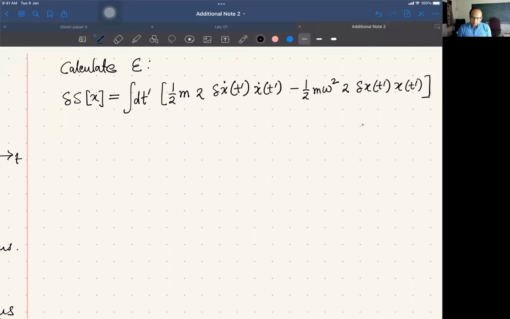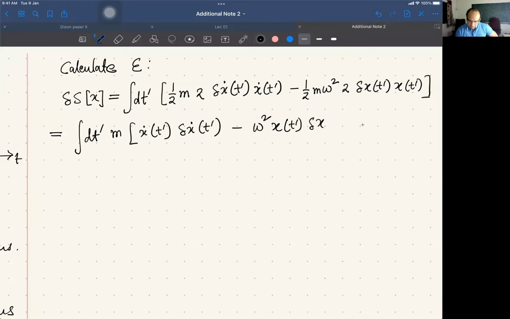Let me make it a little clutter free. The half and 2 cancel. So the integral dt' of m x dot(t') delta x dot(t') minus omega squared x(t') delta x(t').